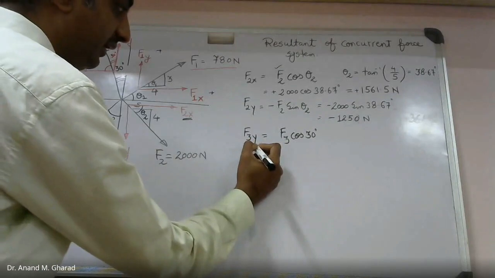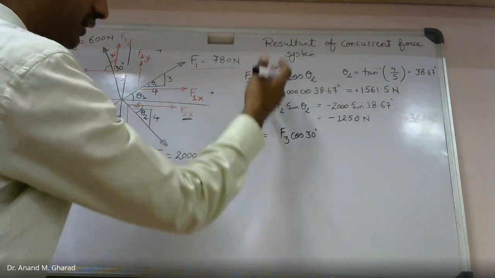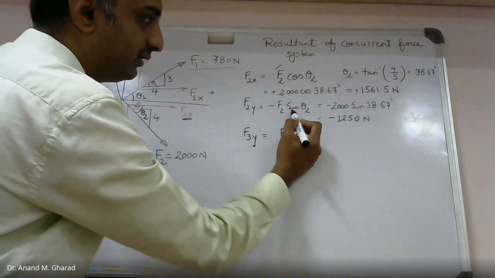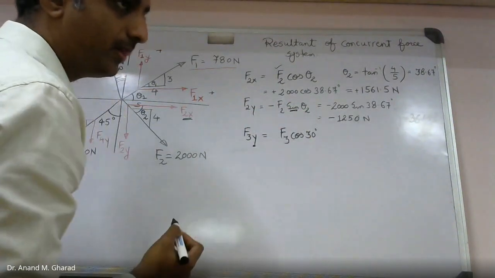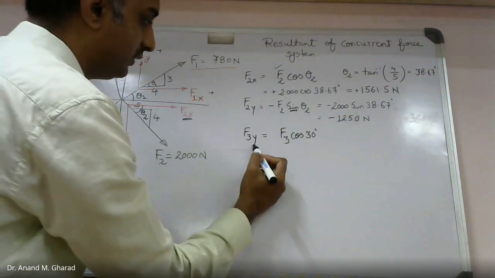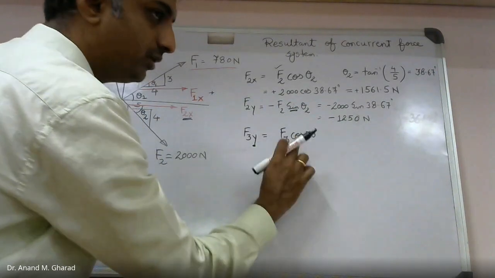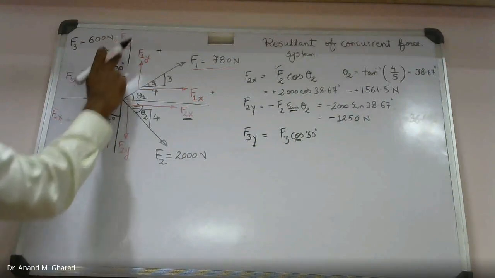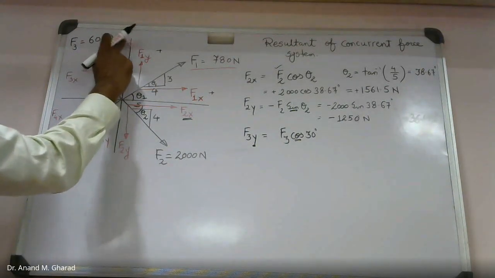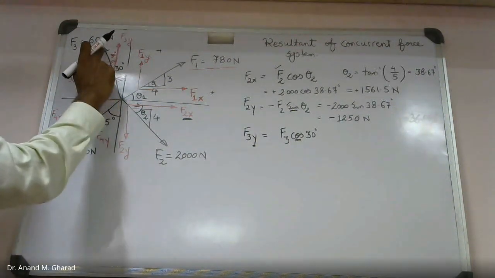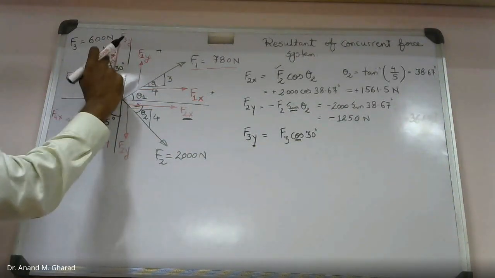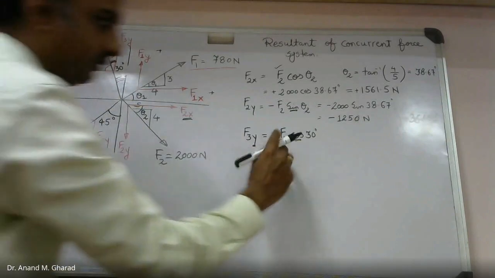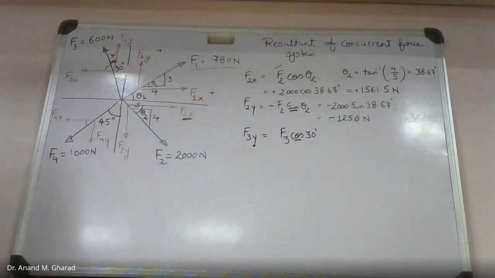Although it is the y component, and in earlier equations for the y component it was sine, here it came out to be cos. The reason is clear: this F3y component forms the angle with this inclined force. So it will be F3 cos 30 degrees.